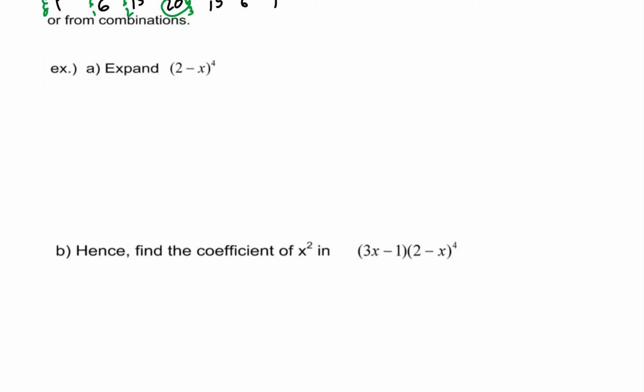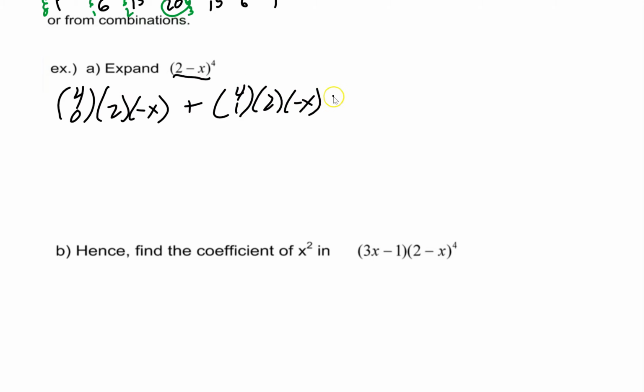Anyway, let's do this example right here. It's the first one, so it's going to take forever. They want me to actually expand this all the way out. I have seen this on tests before. So again, they actually want me to do every single one. So I'm going to start off with 4C0, first term, second term, keep on going until they match. So I got to go 4C1, 4C2.